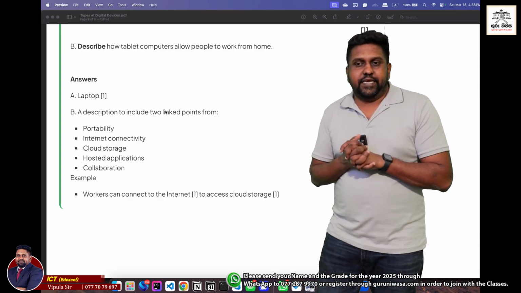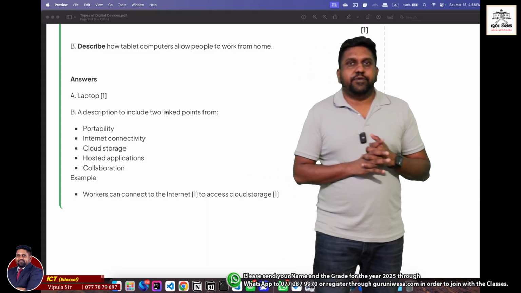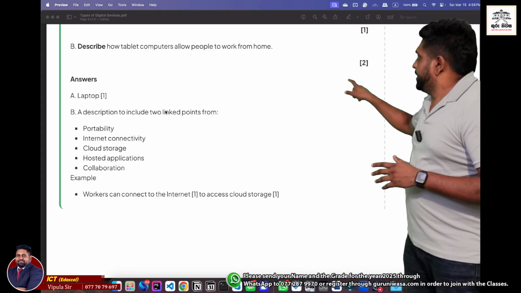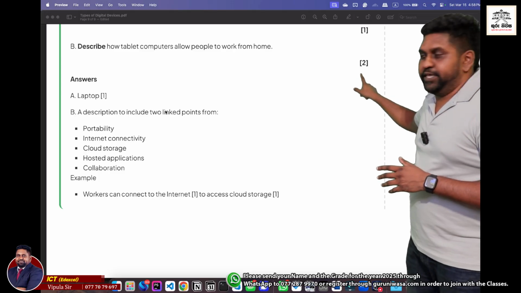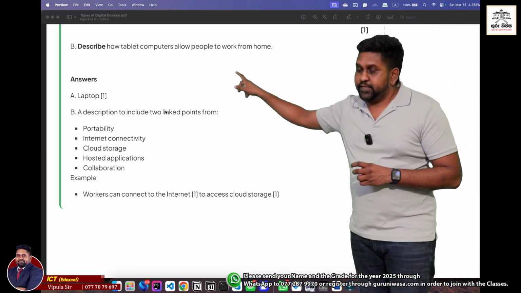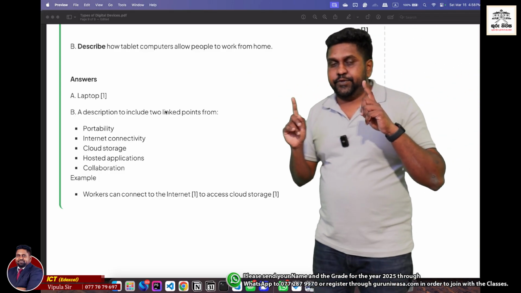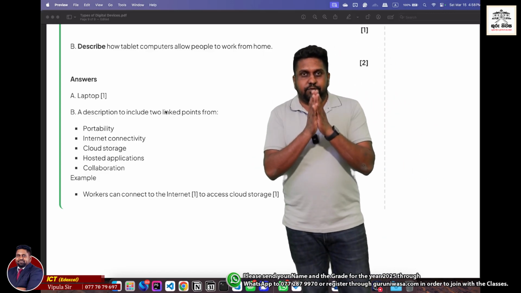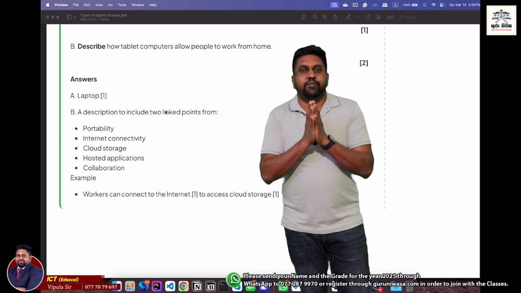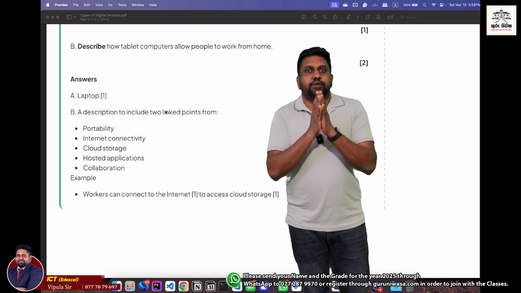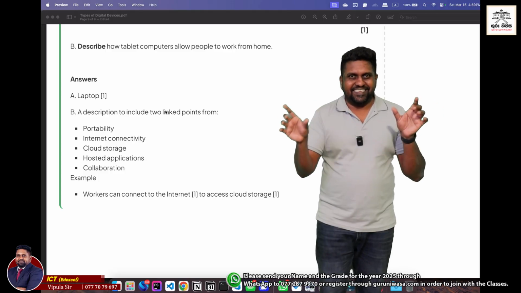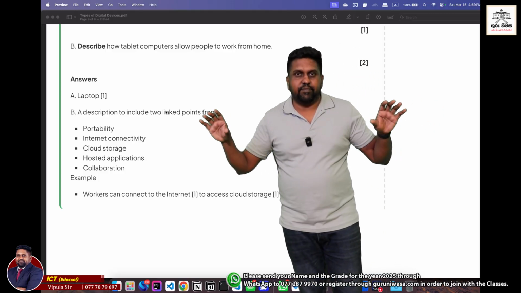When you're writing the answer, you just need to keep in mind that this particular question is worth 2 marks. Because you are getting 2 marks, you have to be careful. You need to write 2 specific points. When we mark the papers, we expect the student to write the answer based on a certain set of keywords as a complete answer.